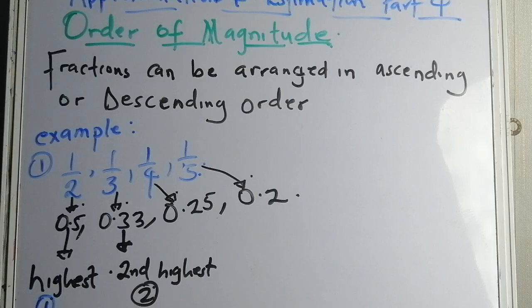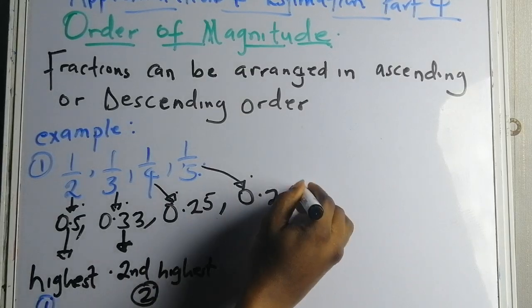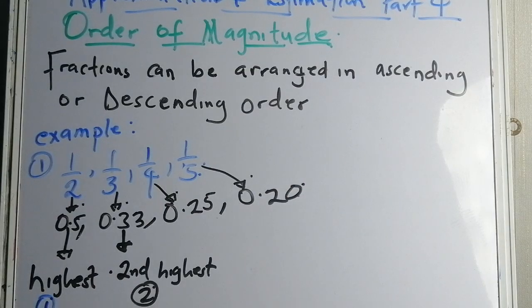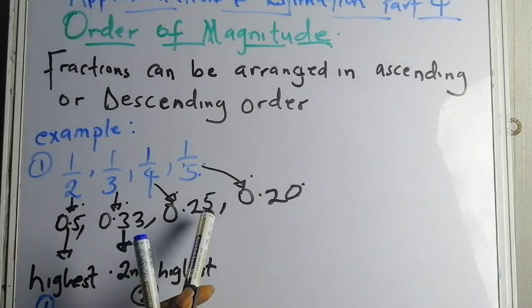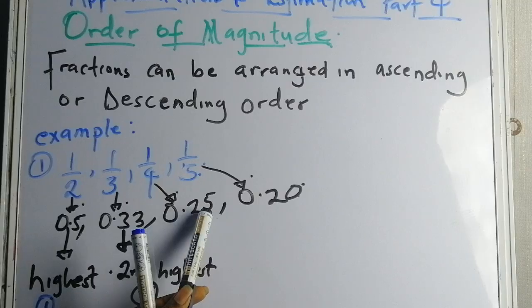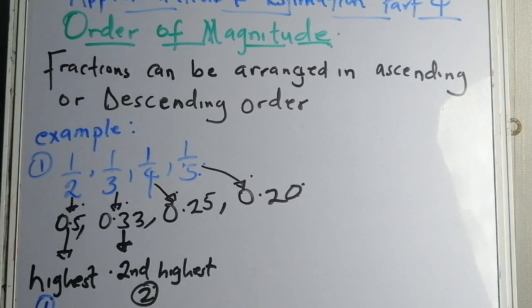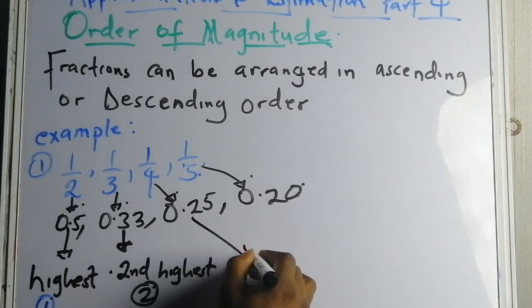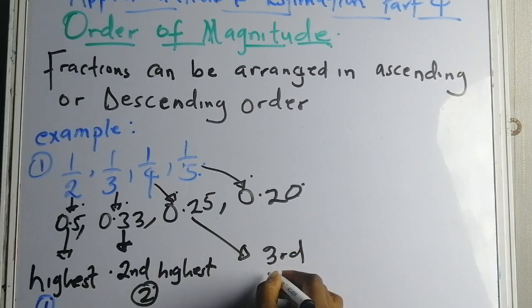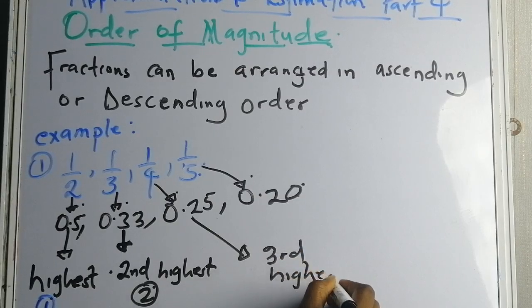So this is the same thing as saying 0.20, but we don't usually write it because it's still the same thing. It's still the same 0.2. Now if you look at it, 2, 2. What's the next value? 5, 0. 5 is greater than 0. So it means this one is the third highest. Okay?